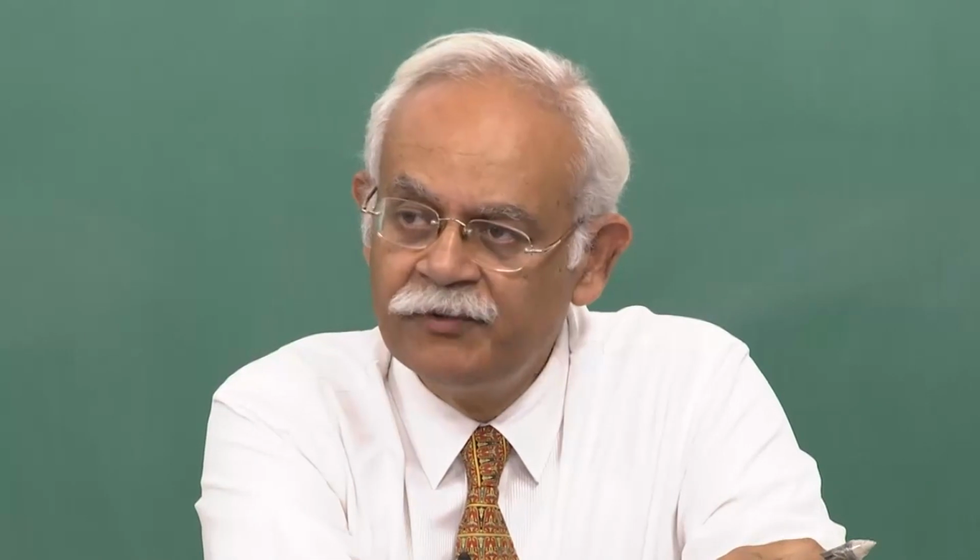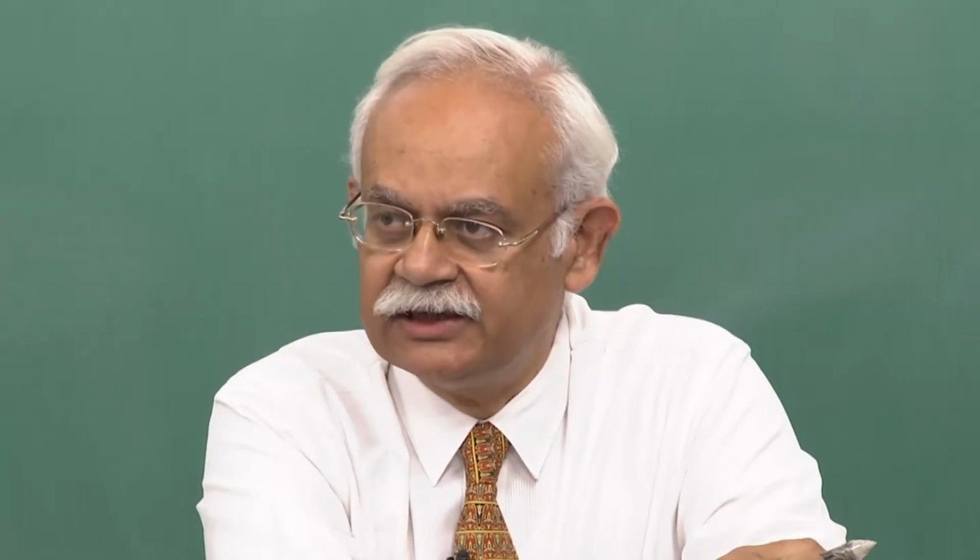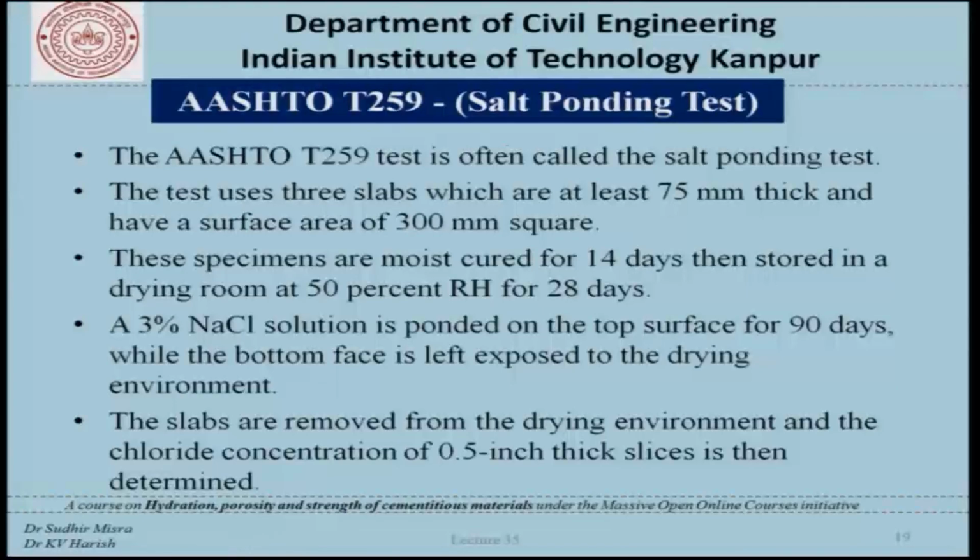Now how do we interpret the results of this test? Well, this is a description of this test, often called the salt ponding test, which uses slabs which are at least 75 mm thick and have a surface area of at least 300 mm square. These specimens are moist cured for 14 days, then stored in a drying room at 50% RH for 28 days.